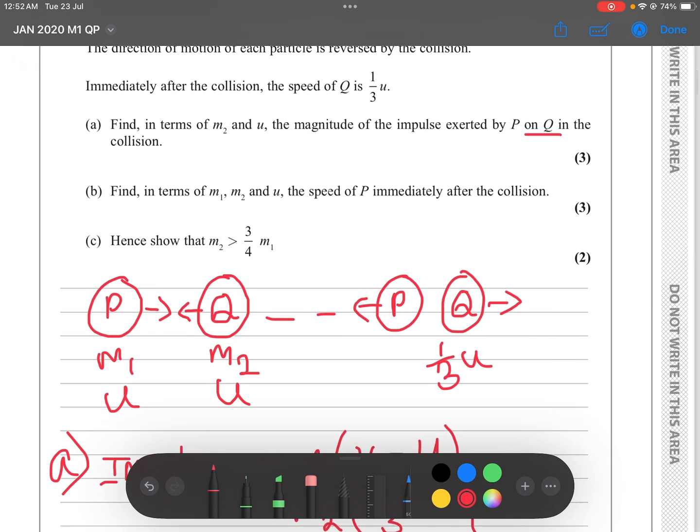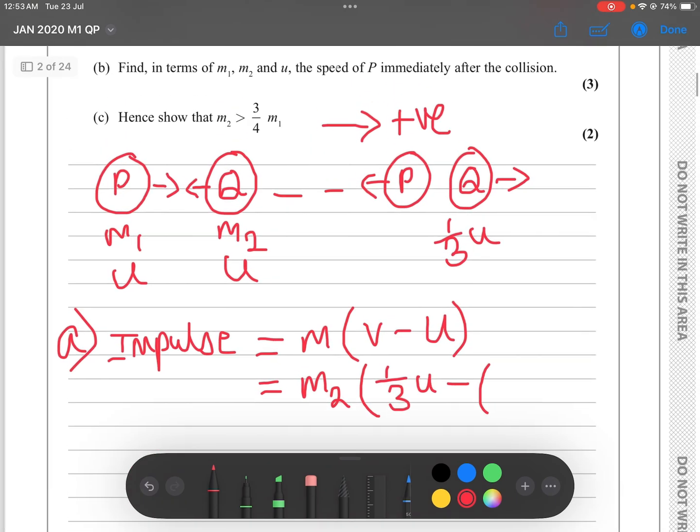When doing momentum questions, always one side has to be positive and the other side has to be negative. For example, if you take the right side as positive, the opposite side has to be taken negative. I usually take to the right as always positive, so anything traveling to the left is going to be taken as negative.